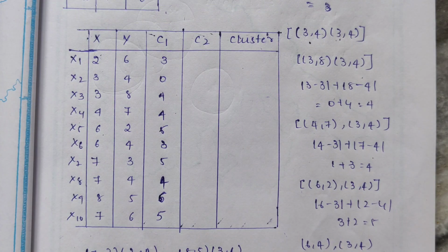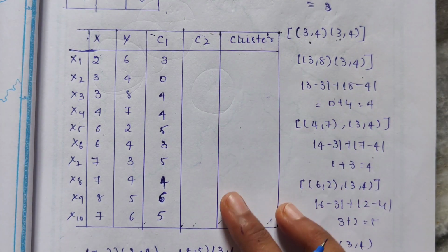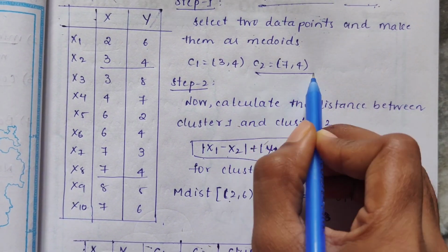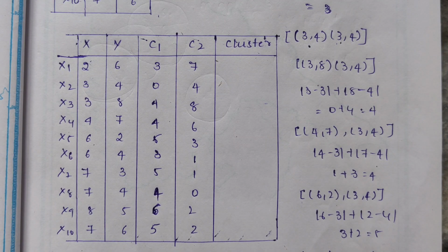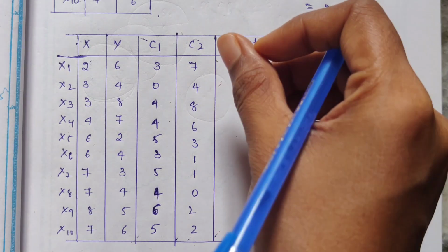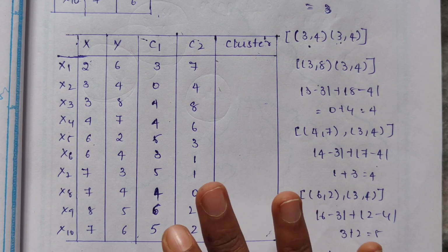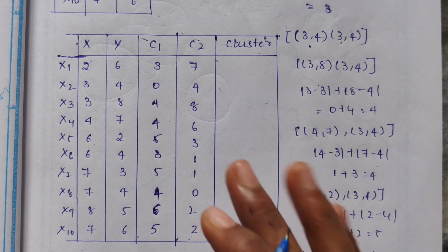By calculating the distance from all data points to cluster 1, we get these values, and similarly we do it for cluster 2. After calculating the distance between cluster 2 and all the data points, we get these values. Understood?